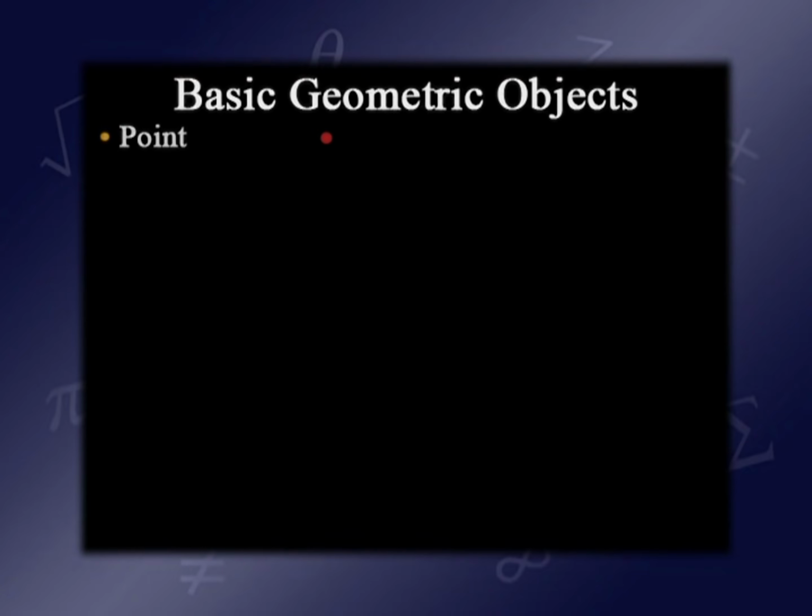Okay, let's define our vocabulary here. A point is a point. A line is something that goes between 2 points and extends infinitely in both directions.